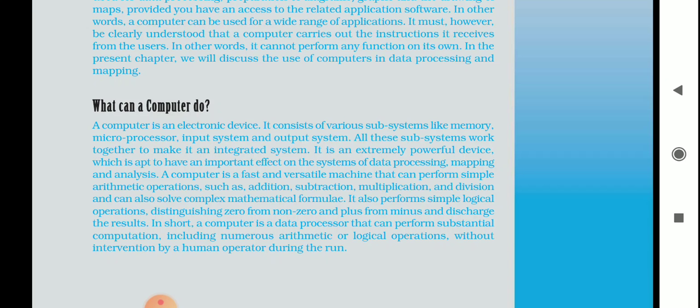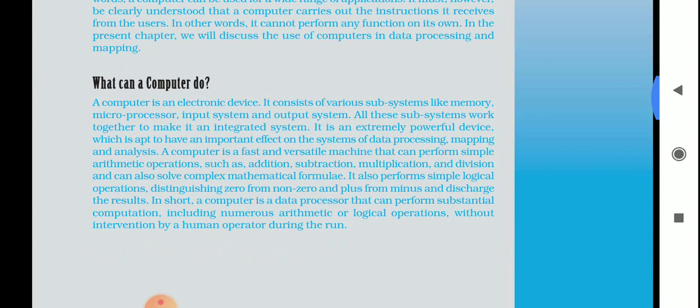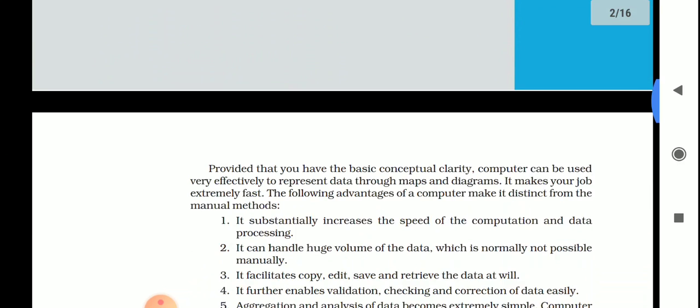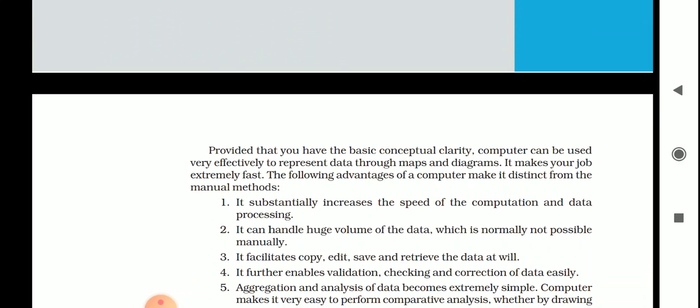It can also perform complex mathematical formulas and simple logical operations, distinguishing zero from non-zero, right? It makes your job extremely fast. In less time we have to do a lot of work at the same time.